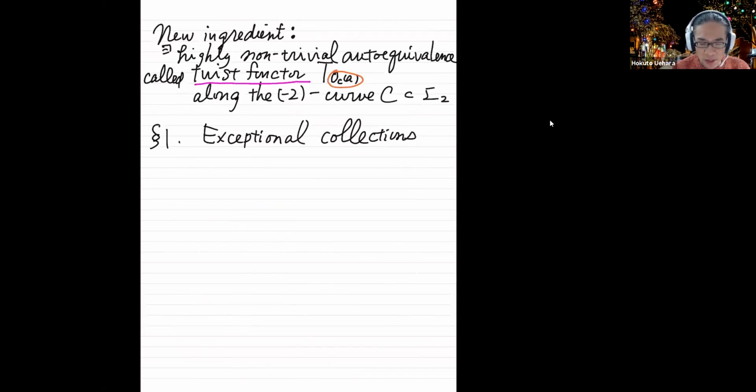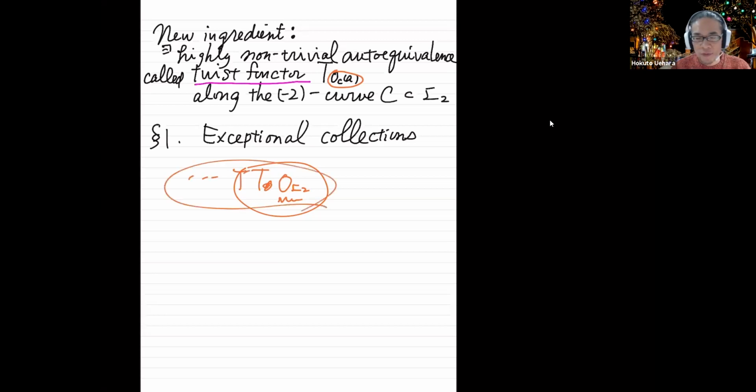So if we take the structure sheaf O_Sigma2, it is an exceptional object, and applying the twist functor many times, we can obtain exceptional objects which have arbitrarily many non-vanishing cohomologies.